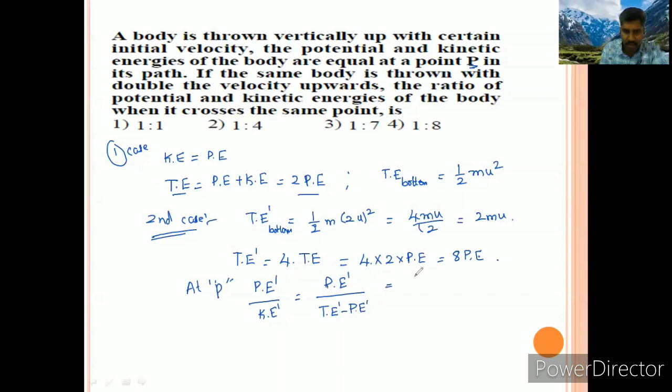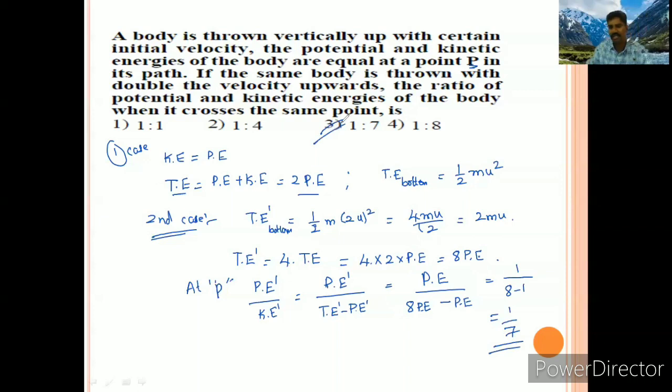Potential height will not change, same point means potential energy I will write as it is. Total energy, how much did we get here? 8 P potential energy minus dash, also the same height means same potential energy. So potential energy is common and it will cancel. 8 minus 1, nothing but 1 by 7 is the answer. So the third option is the correct one.